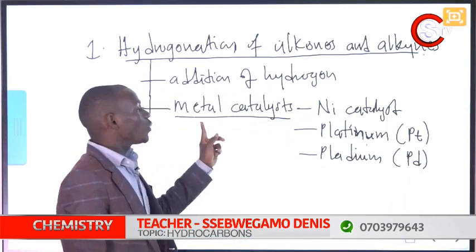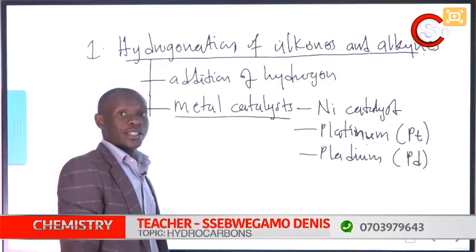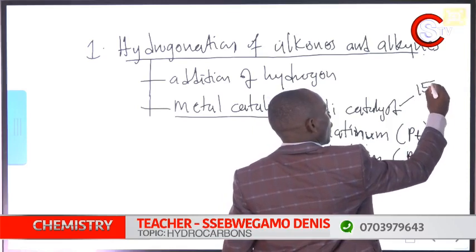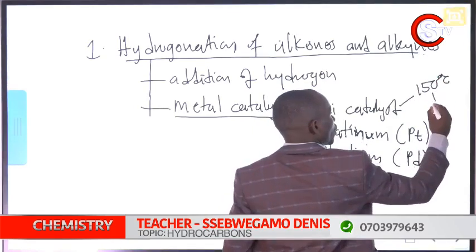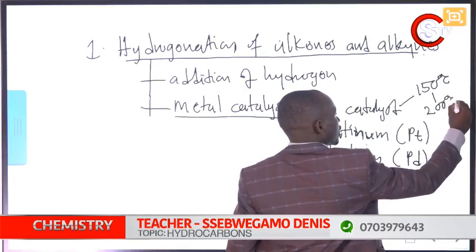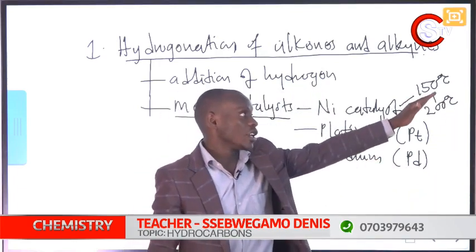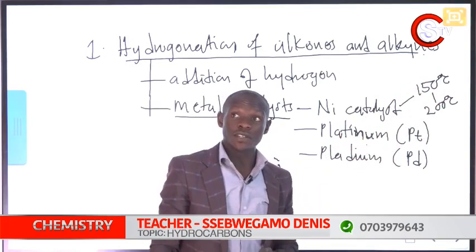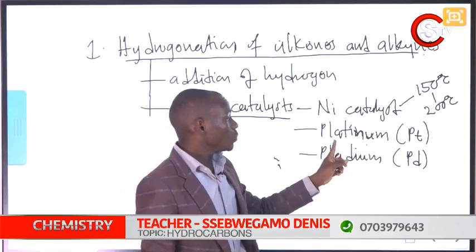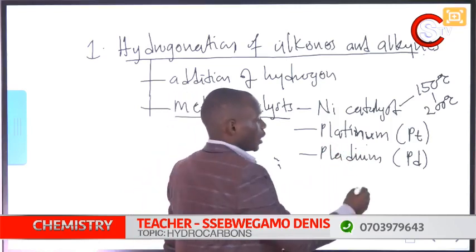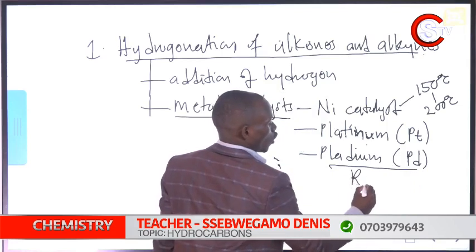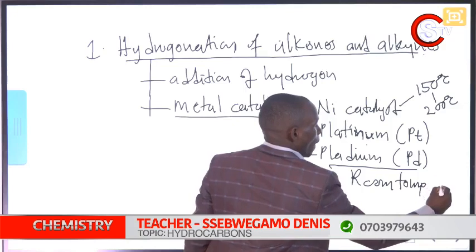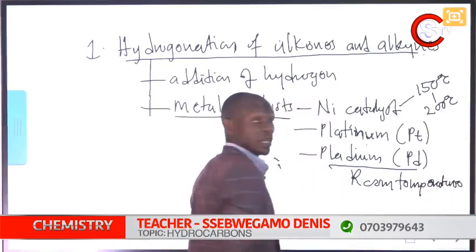Now, when we use nickel catalyst, the reaction takes place at 150 to 200 degrees Celsius. But be specific. You choose one temperature, either 150 or 200 degrees Celsius. And the platinum and palladium, they all work at room temperature.